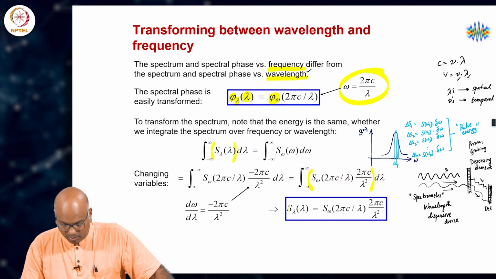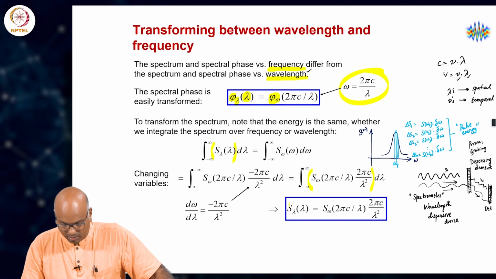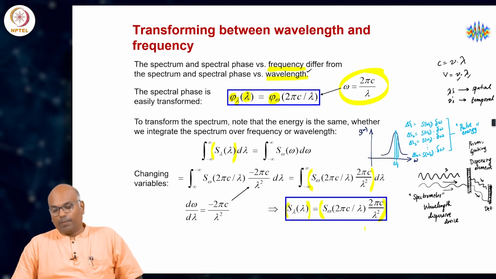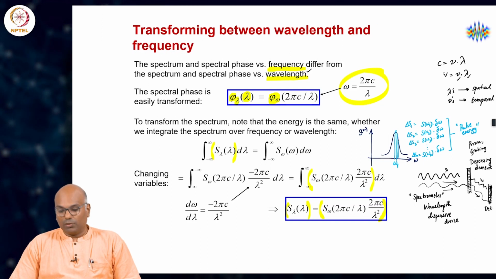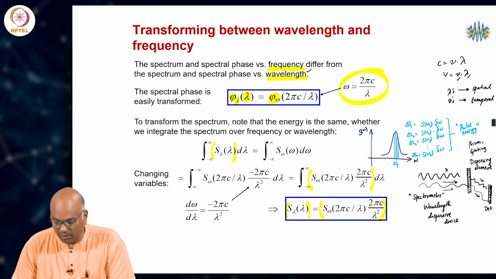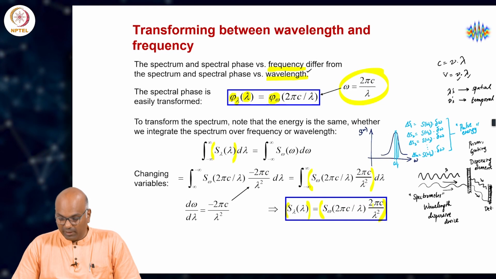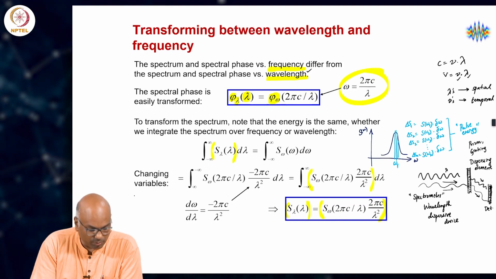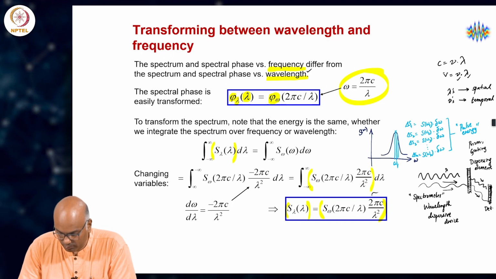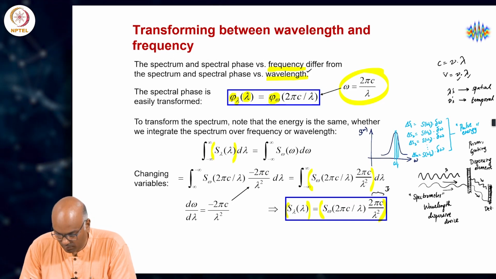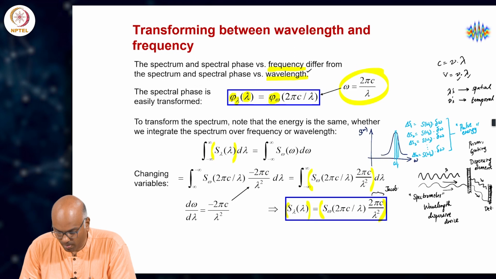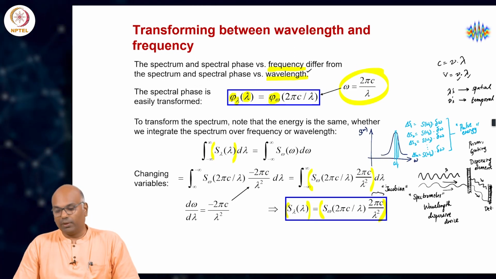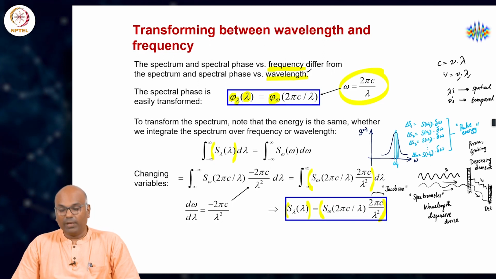S lambda is therefore equal to this quantity. So, S lambda is S omega multiplied by 2 pi c divided by lambda square. 2 pi c divided by lambda square is the Jacobian for the transformation from omega to lambda.